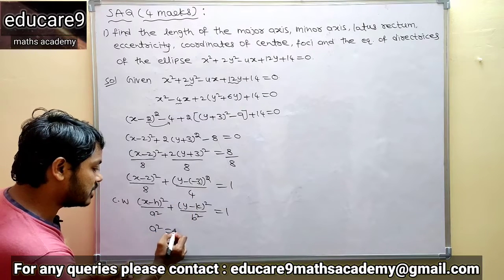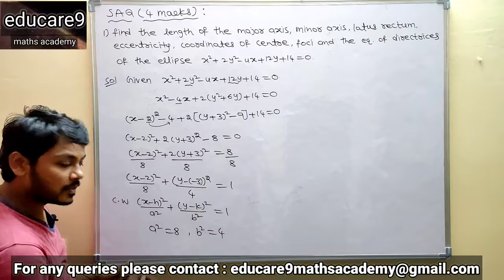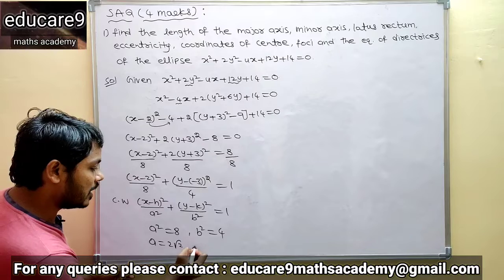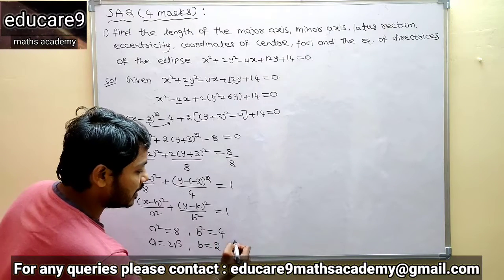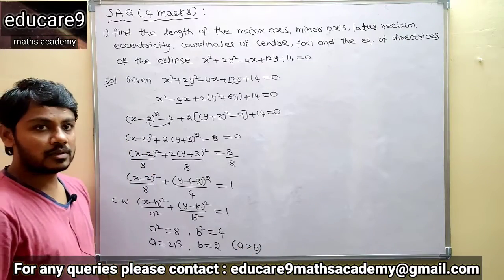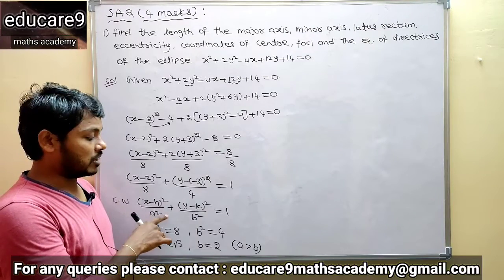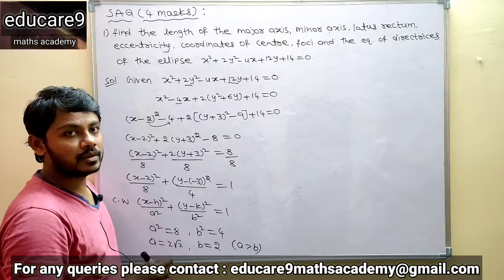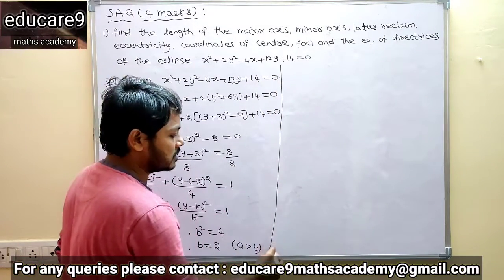So a square is equal to 8, b square is equal to 4. So clearly a value is 2 root 2 and b value is 2. So clearly a is greater than b. See here, this is the standard form equation of an ellipse. Here a is greater than b. So in that case, you should write all the formulas.